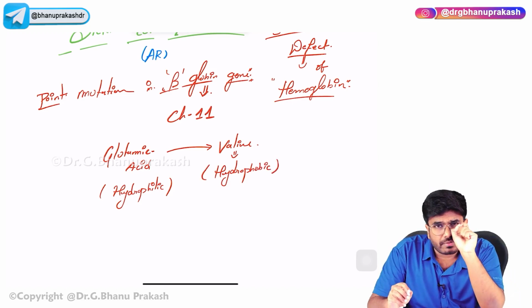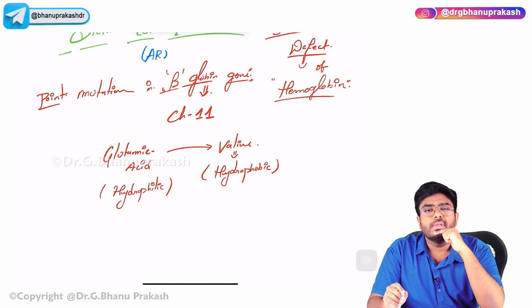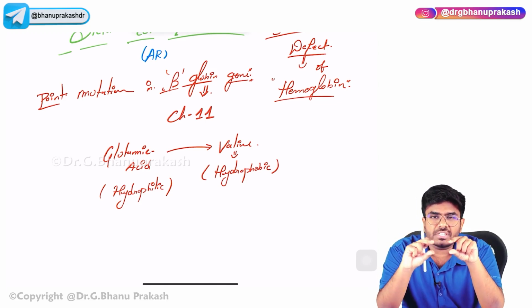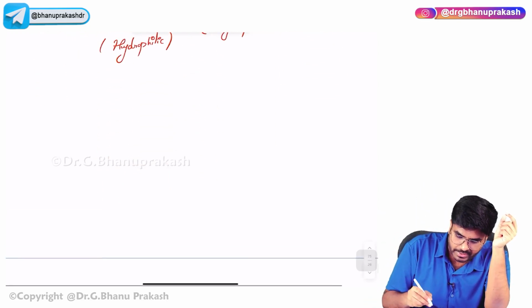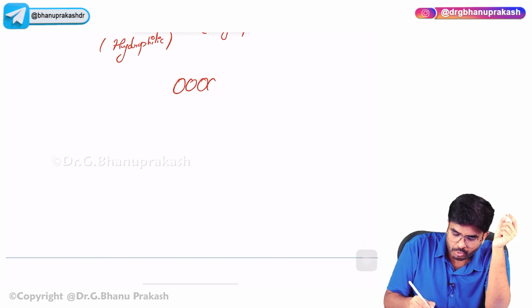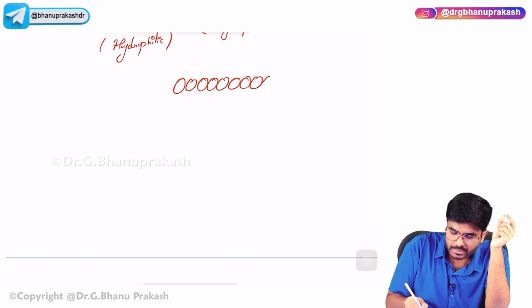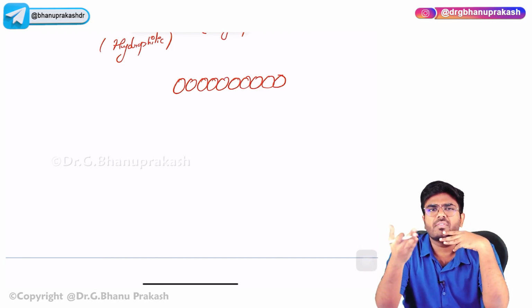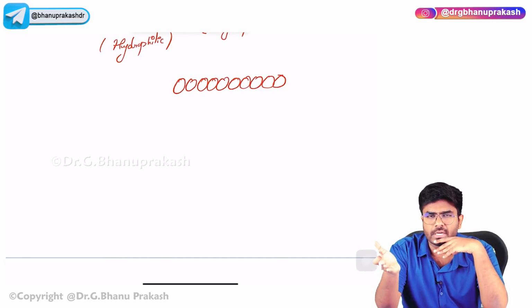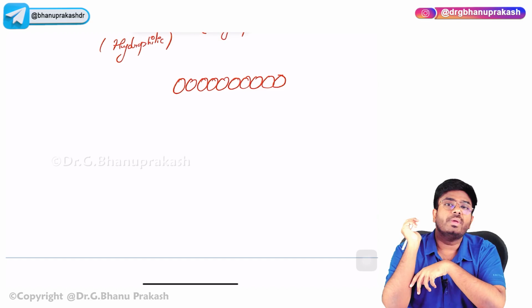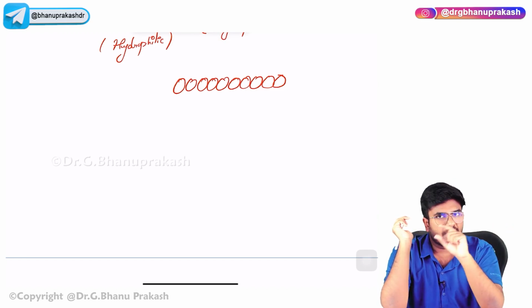So because of that one single point mutation in the beta globin gene, for example, look here. This is the beta globin protein, not the gene. Beta globin, you know it, right? Alpha globin, beta globin, 2 alpha, 2 beta. This is our beta globin chain.